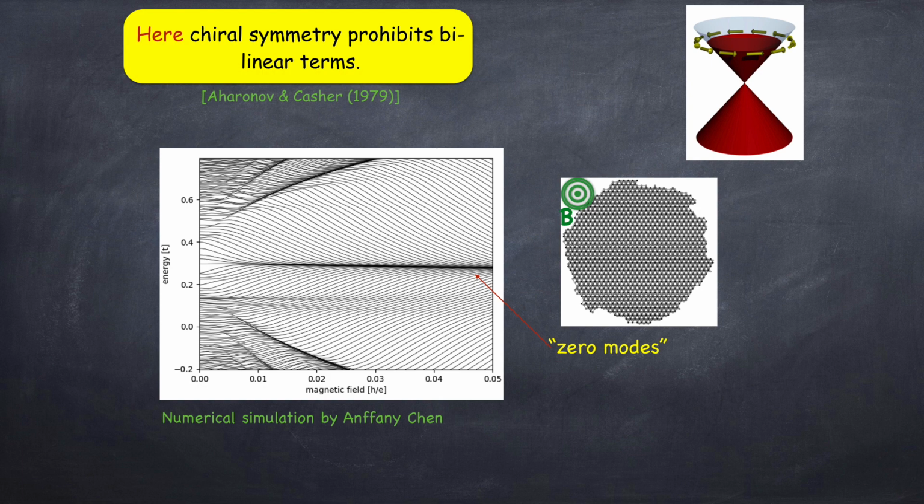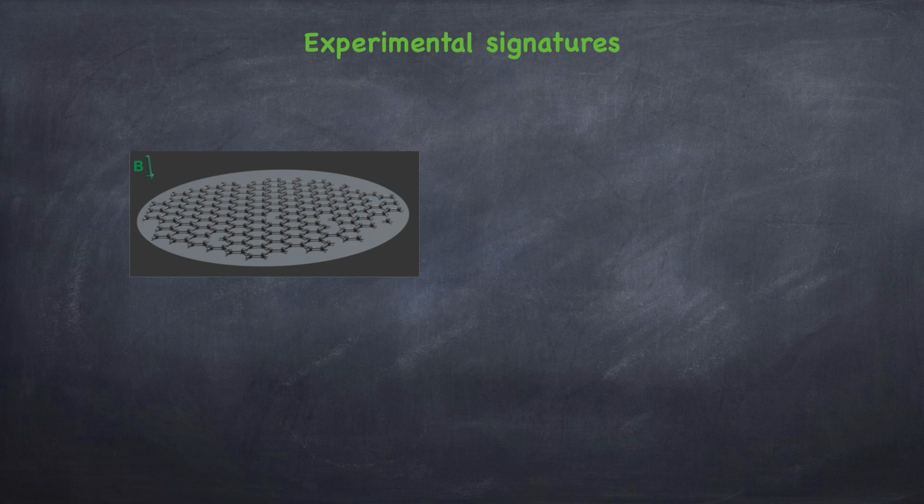And it protects this zeroth Landau level in single particle excitations from broadening, which is the same as saying that those bilinear terms are absent or small. And this is a proposal that actually could be done in the lab.